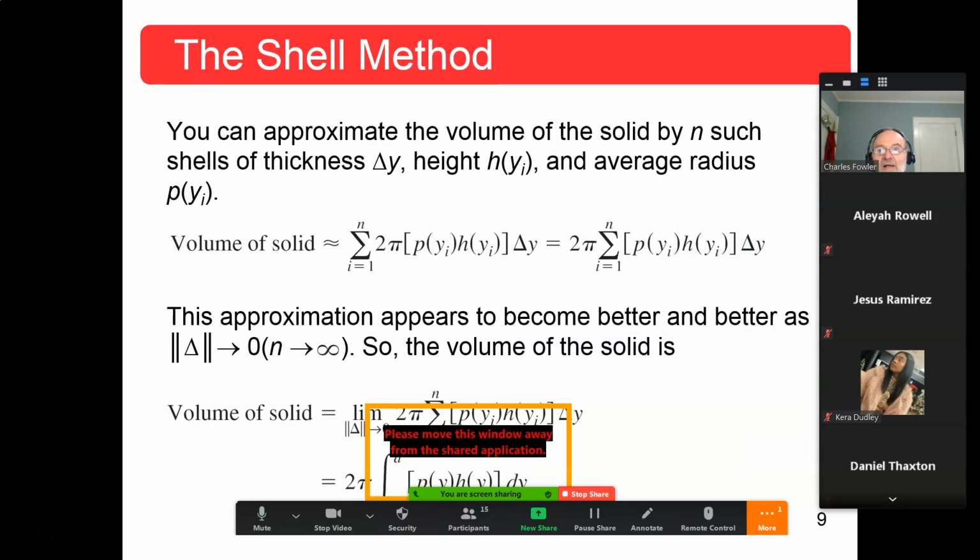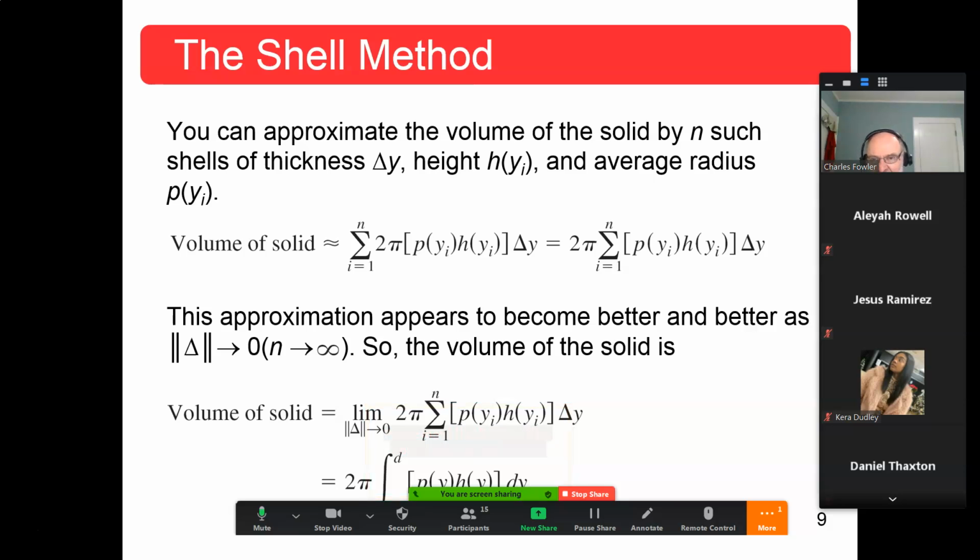Yeah, there it goes. You can approximate the volume of a solid by n such shells of thickness delta y. The height, you have to figure that height as a function of y sub i, and the average radius as a function of y sub i.